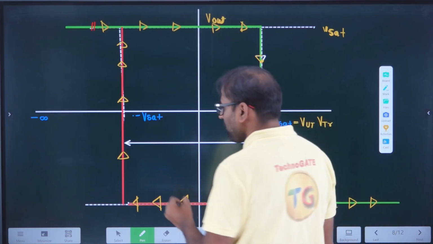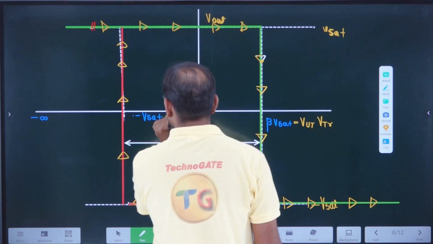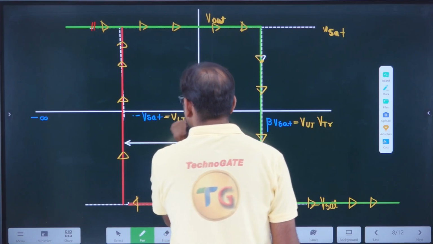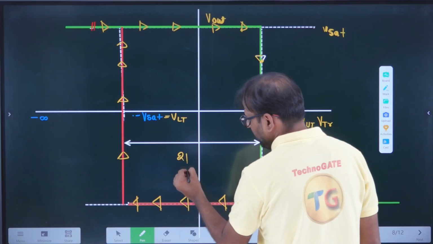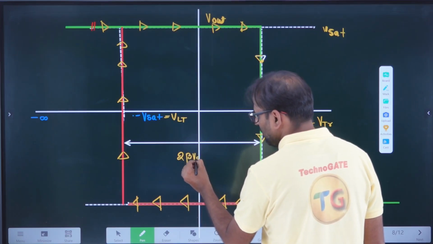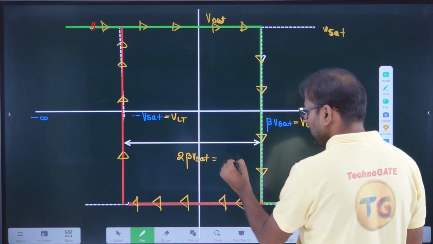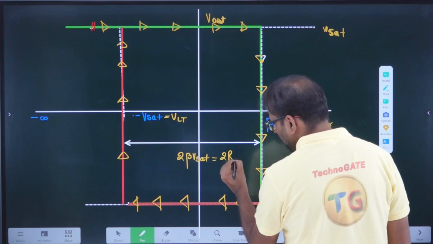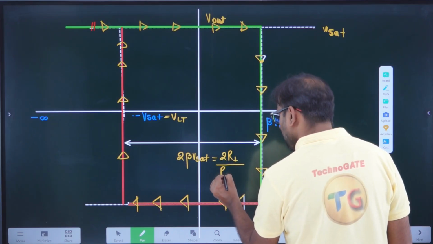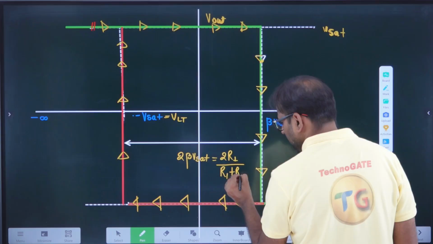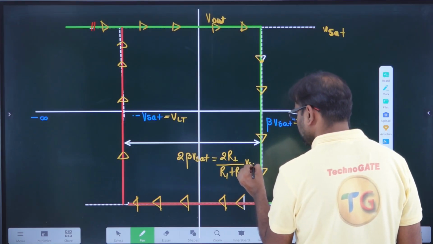They call the second point the lower threshold. And what is the width? The width is 2 beta times V saturation. And what is the value of beta? Beta is R1 divided by R1 plus R2, into V saturation.